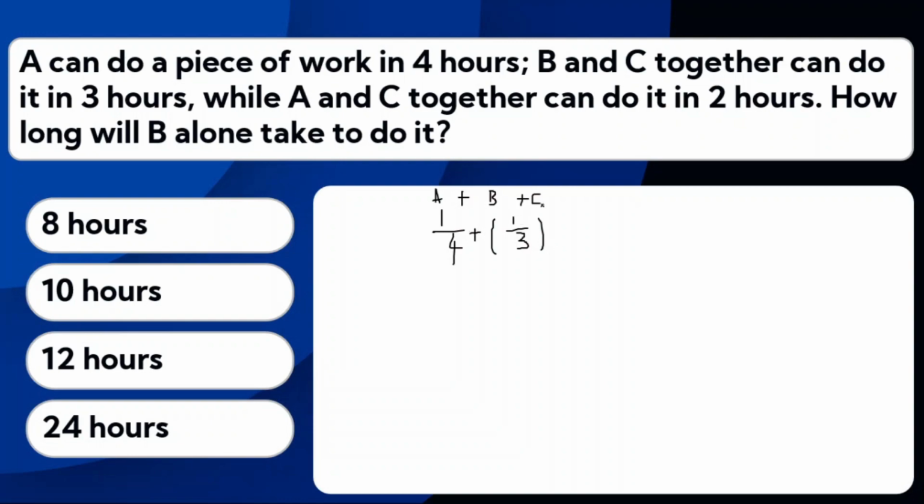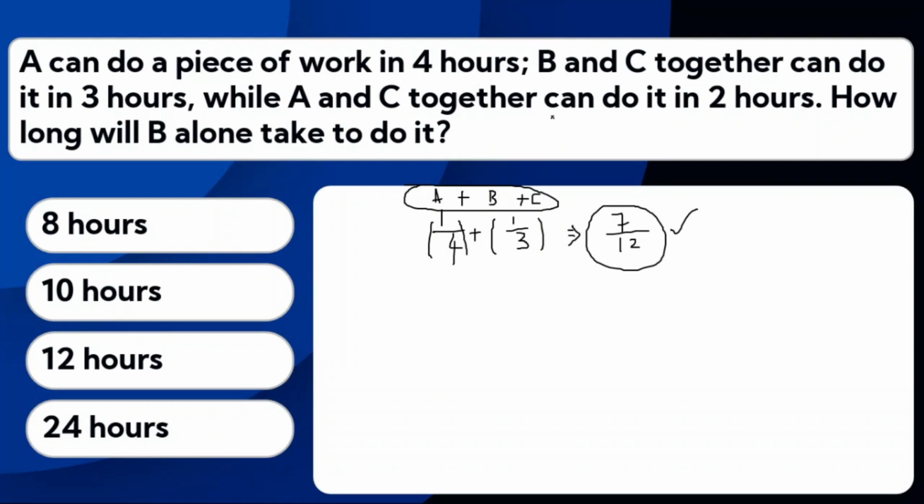So this is B and C work per hour, and this is work per hour by A. When I add these two fractions, I will get the work done by A, B, C together in 1 hour. So the answer is, 12 is the LCM, and 7 by 12 will be the answer. So per 1 hour they will complete the work of 7 by 12.